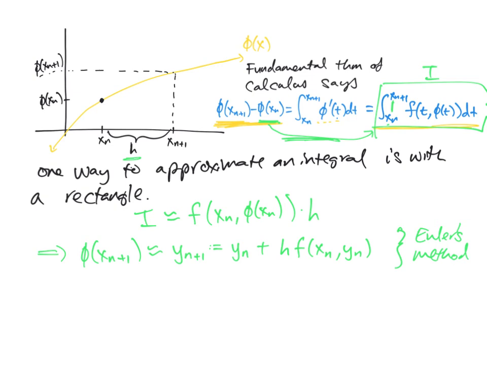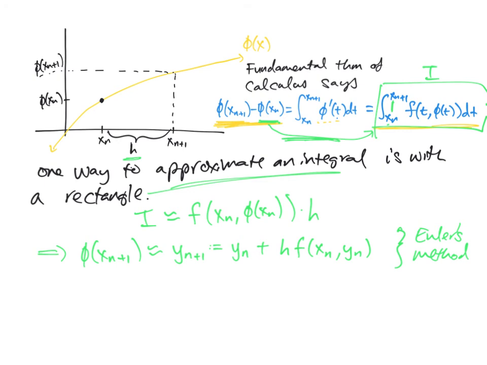And so what can we improve here? Well, we can improve the approximation of this integral. Back in calculus, we learned some slightly better ways to approximate an integral than with just a rectangle. What we're going to use here is the trapezoid method.